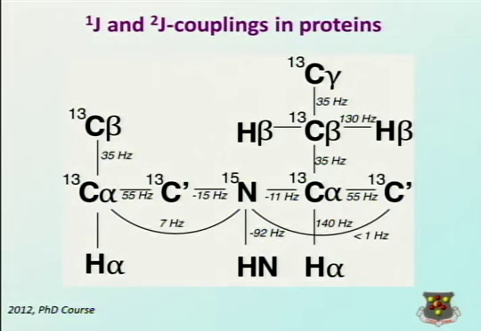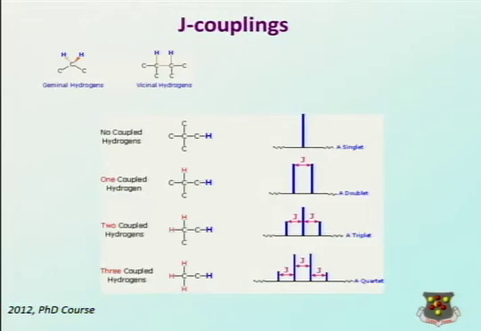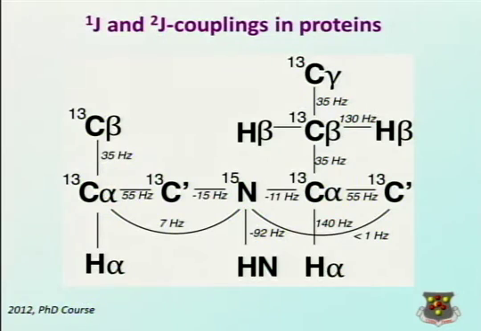You can measure 1J and 2J couplings, so couplings between, for example, carbon and hydrogen, or between 2 hydrogens that are separated only by 2 chemical bonds. And you see, if you are using heteronuclei, you can measure a number of these. So you can measure carbon-carbon, carbon-proton, carbon-nitrogen 1J couplings, or again carbon-nitrogen 2J couplings, and so on.